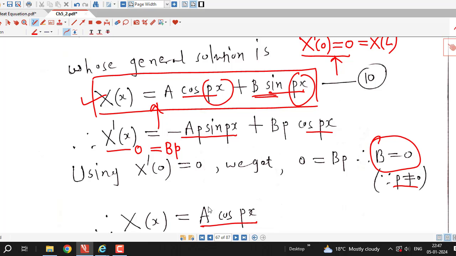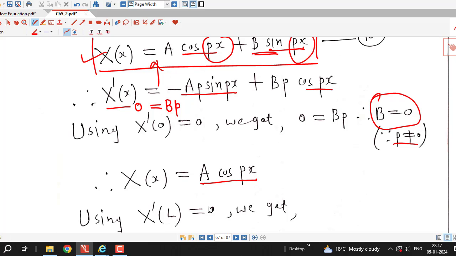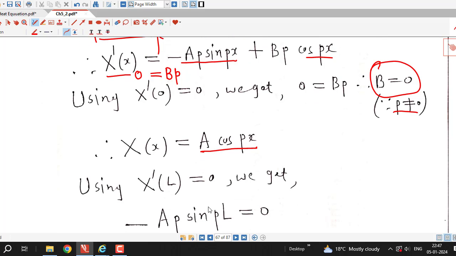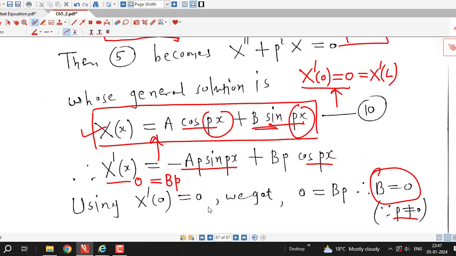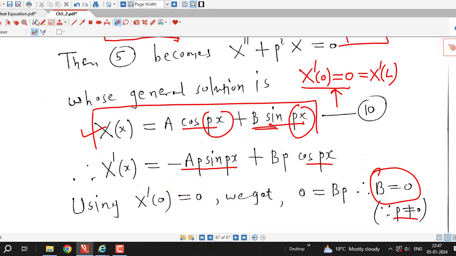To use second condition, I have to write x dash, so that I have written x dash here, so I can use that condition here.